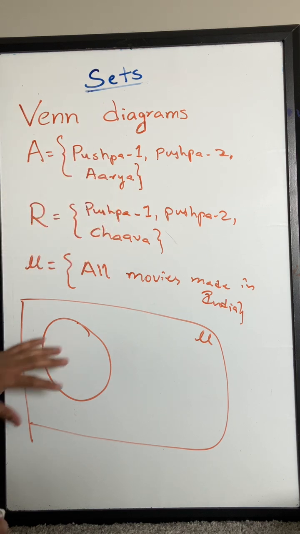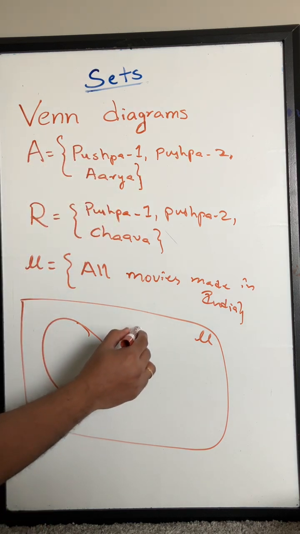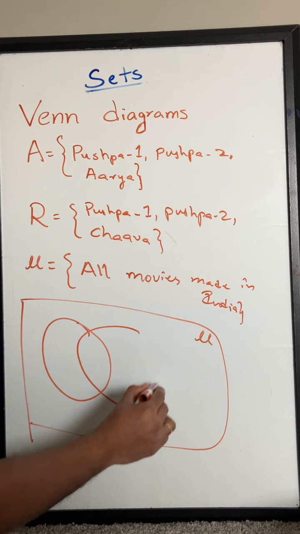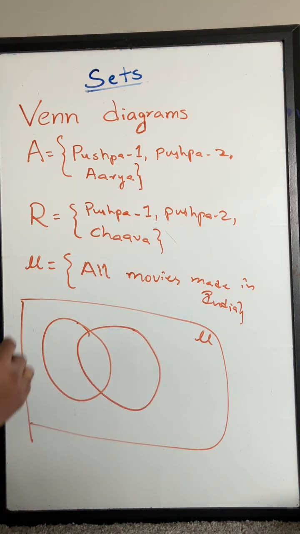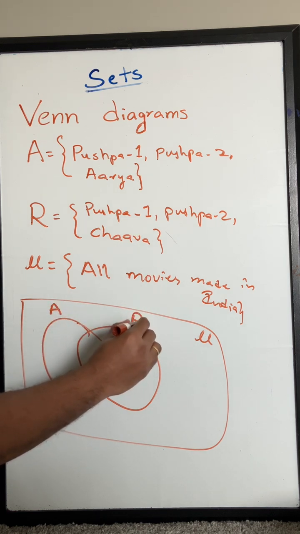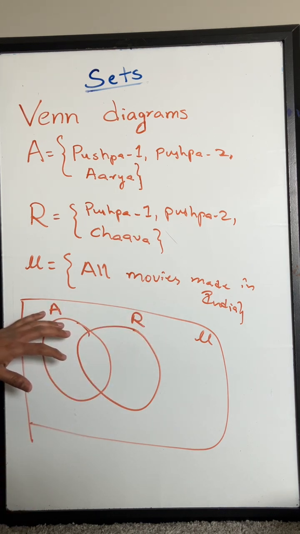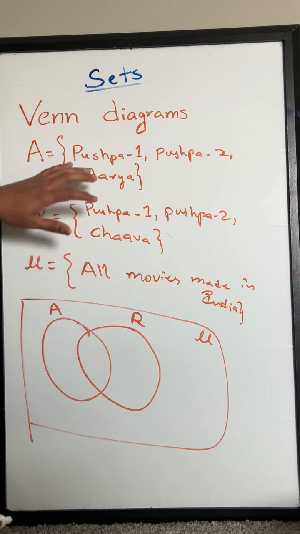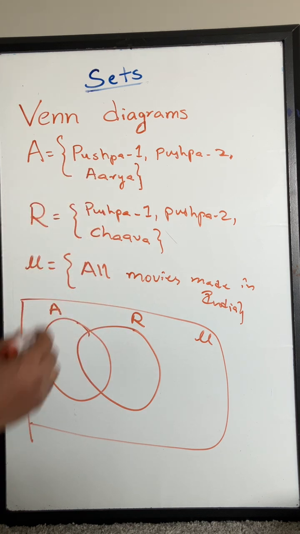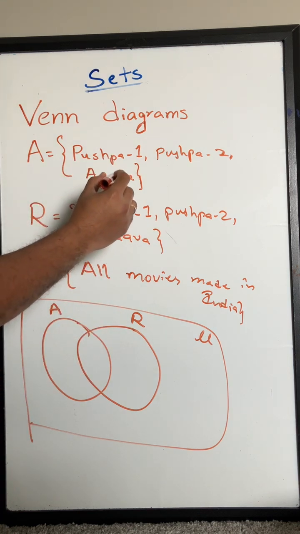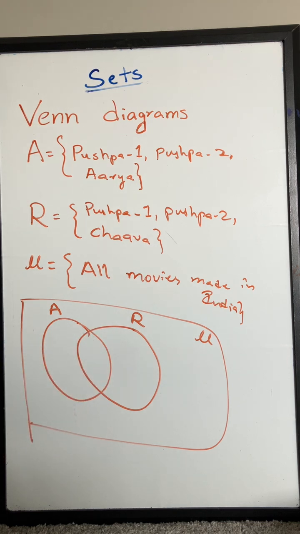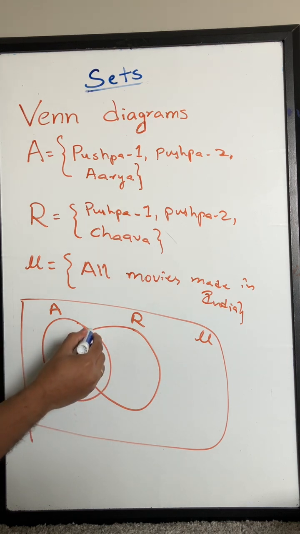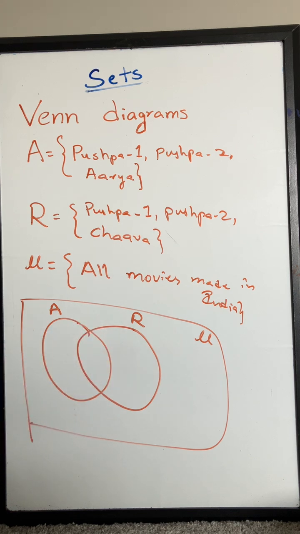So what do we have to do? To add a common set, we have to draw intersecting circles. Let's represent this as A and this as R: movies of Allu Arjun, movies of Rashmika. The common movies we have to put inside the common area.